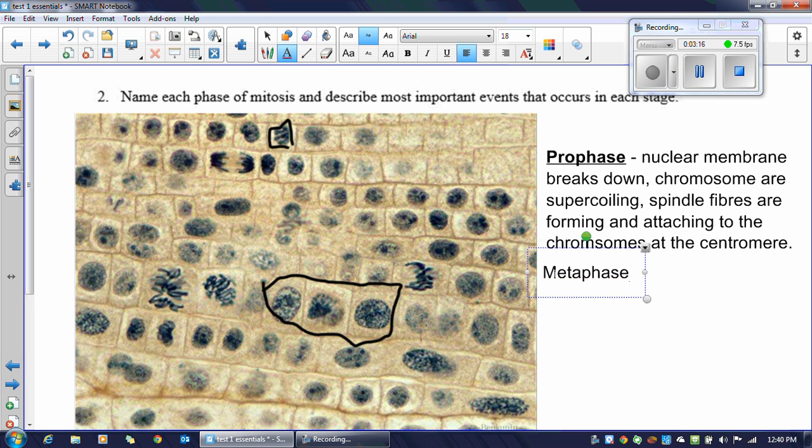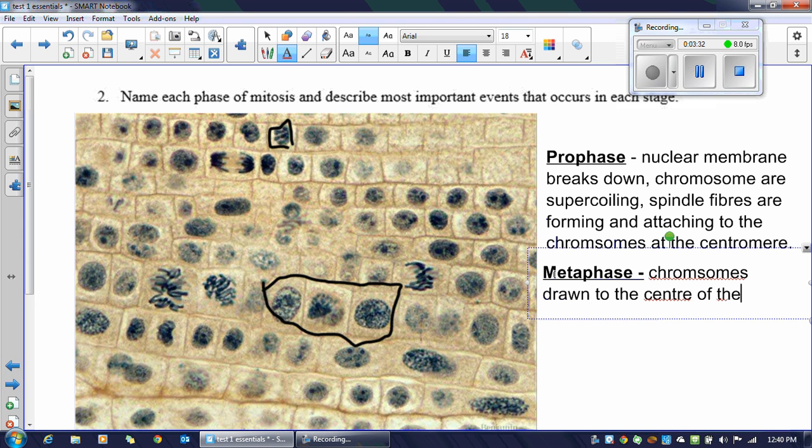Metaphase, and in this case, bold that and underline. I would suggest that we are looking at chromosomes lining up, chromosomes drawn to the center of the cell at the equatorial plane, which is the fancy biology word for the middle.